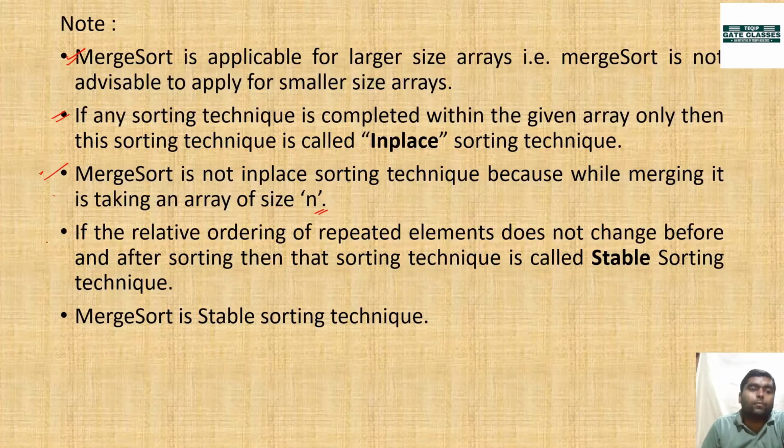Now one more important aspect related to sorting. If the relative ordering of repeated elements does not change before and after sorting, then that sorting technique is called a stable sorting technique. For example, let us suppose the input is 10a, 10b, and then 7, and then let us suppose 8.